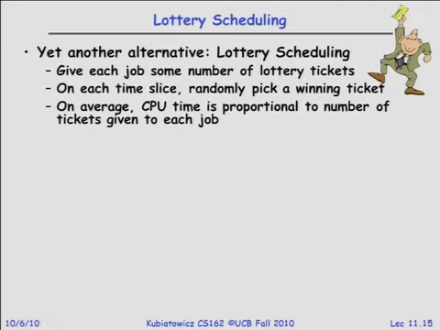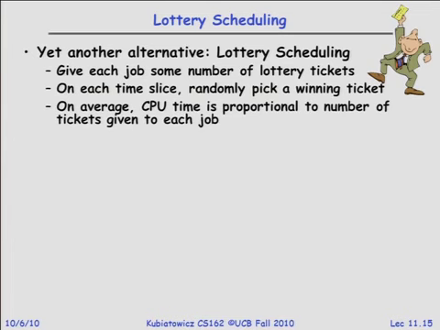Now, I want to give you another alternative to make sure that everybody gets some CPU time. This is going to be important because you get to implement this in your next project. It's called the lottery scheduler. The idea behind the lottery scheduler is that every job gets some number of lottery tickets, and the more lottery tickets, the more chances you have to win.